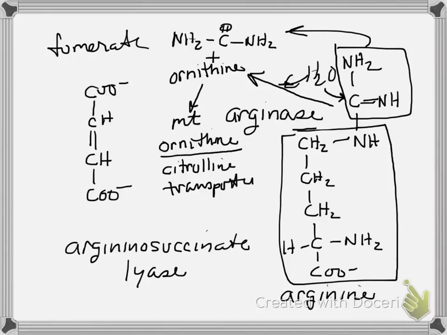And by doing this, now we've restored the ornithine back into the mitochondria in order to continue the urea cycle by picking up more carbamoyl phosphate. Okay, so the ornithine is restored for our cycle so that the continued scavenging of free ammonia is good.